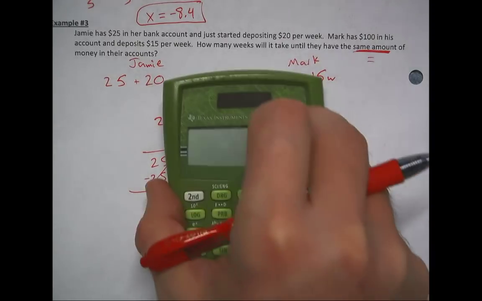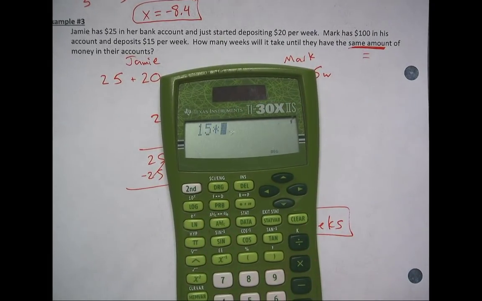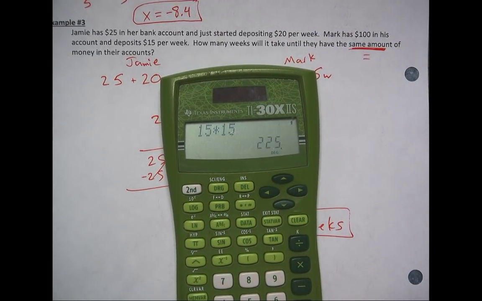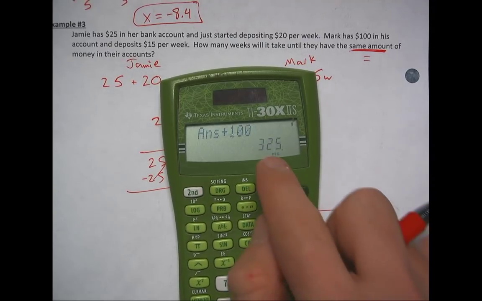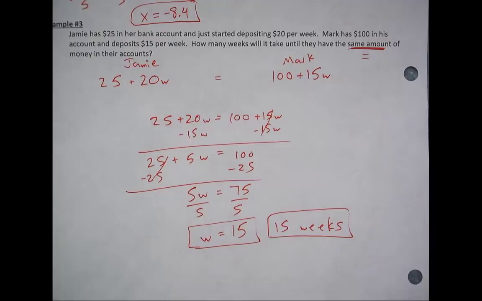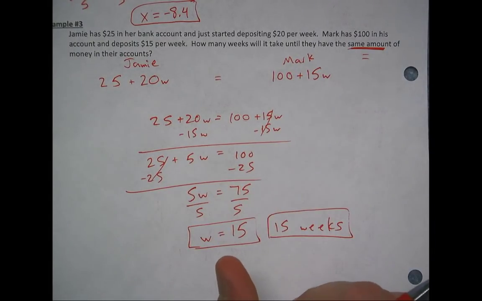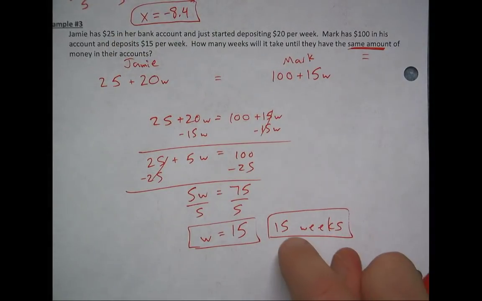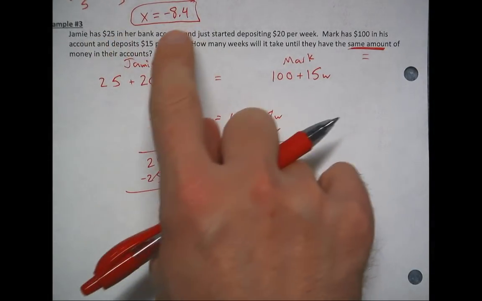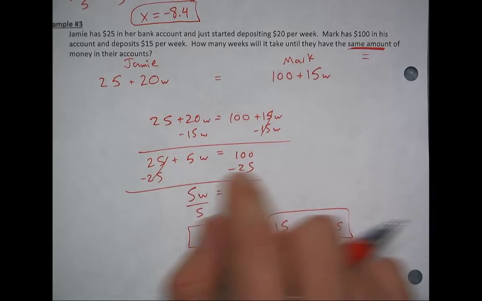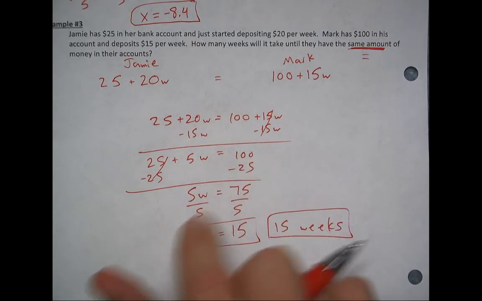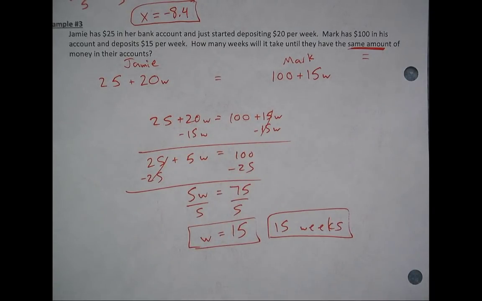So if it's 15 weeks and it's $15 every week, 15 times 15, that's 225 plus the 100 that he started with. And sure enough, I got 325. So you can run a quick check. You don't have to show a formal check written out, but go back and make sure. If it is 15 weeks, make sure that Jamie's account and his account actually do come out the same. And if they don't, then that means you just messed up in your algebra somewhere and you can go back and fix it.